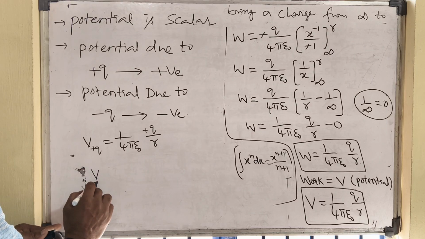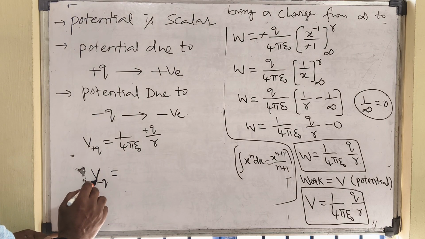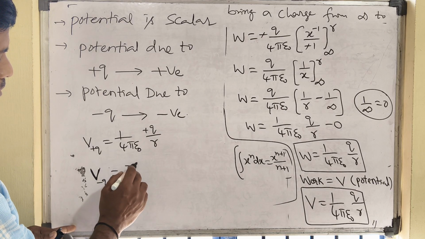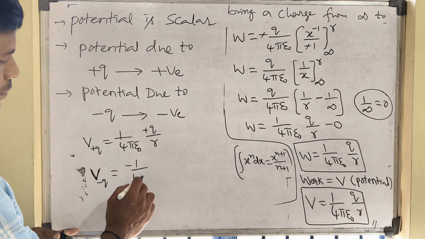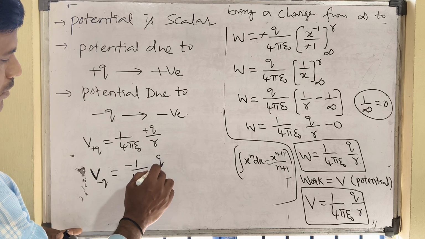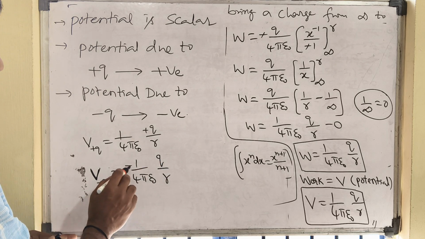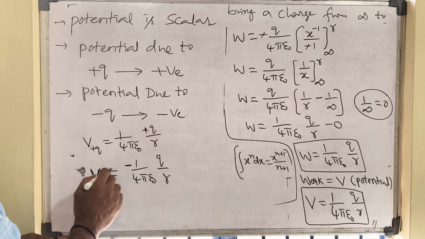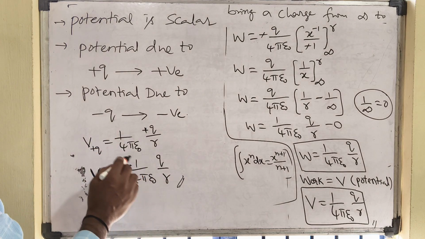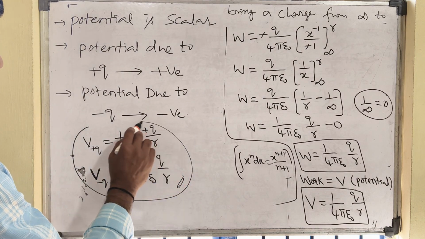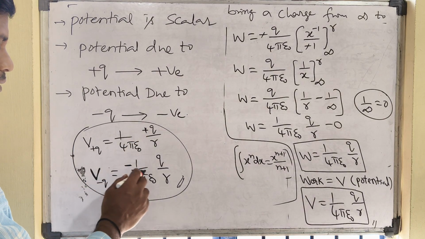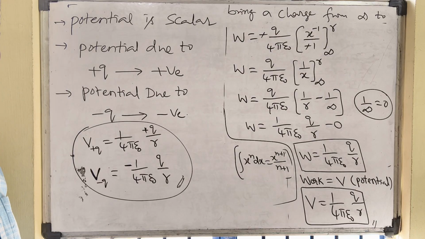For minus Q, the potential due to a negative charge is negative: minus 1 by 4 pi epsilon naught Q by R. So this is the most important thing. Electric potential due to a positive charge is positive, and electric potential due to a negative charge is negative. I hope you understood. Thank you.